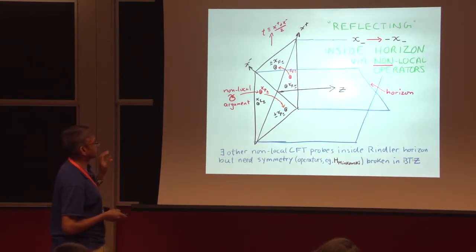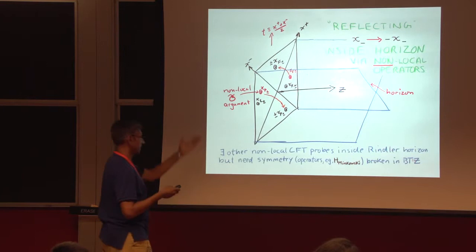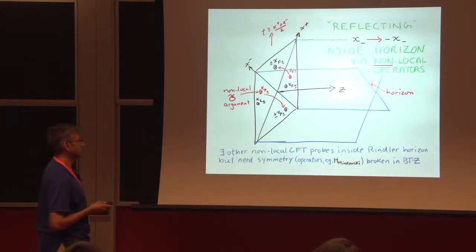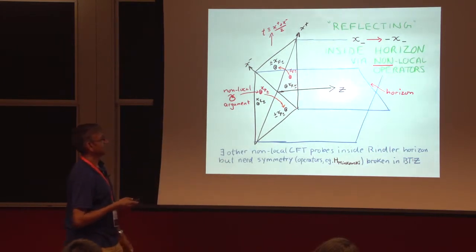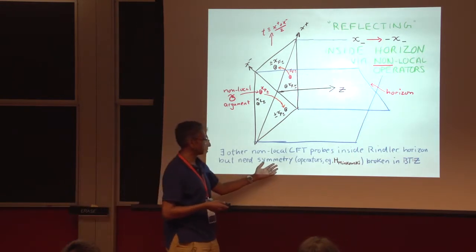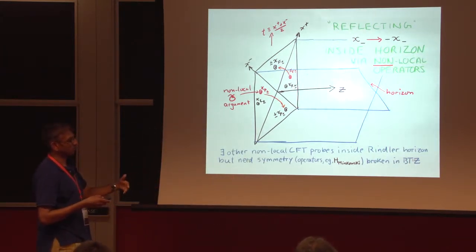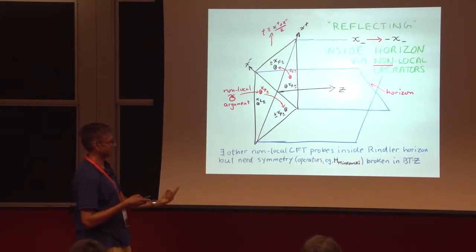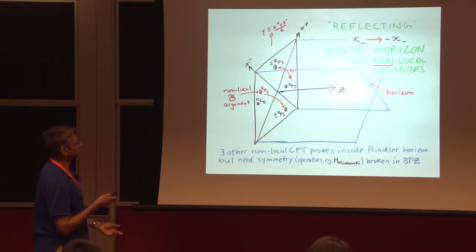So this ability to take non-local operators and get the correlations of local operators inside the horizon, on the boundary inside the horizon, can be done other ways. Okay. But this way is compatible with subsequent compactification to BTZ, and other ways involve symmetry operators, which are only symmetries of AdS Poincare, for example, in this direction, and which are subsequently broken by compactification. Okay? So that's the general idea.